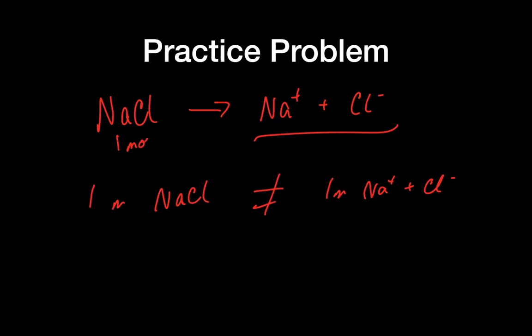So 1 mole of NaCl is going to be 2 moles of ions. If on a worksheet I ever ask you to calculate freezing point depression or boiling point elevation for electrolytes, you have to account for the fact that they dissociate in solution and form multiple moles of ions.